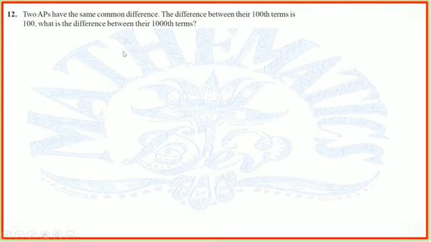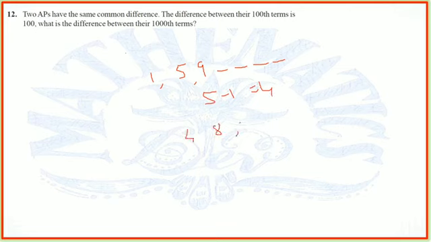For example, let us say we have 1, then 5, then 9 and so on. This is one AP. The difference is 5 minus 1, which is equal to 4. Another AP we can have is 4, 8, 12 and so on. In this AP also 8 minus 4 is equal to 4.